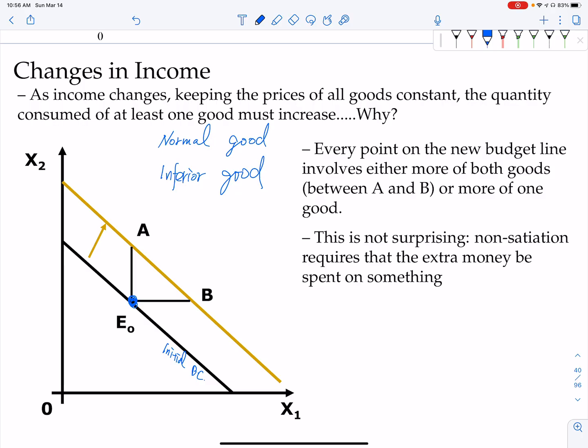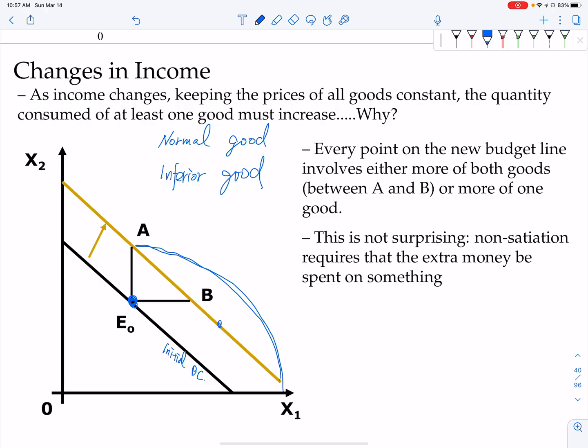All right. And when is X1 a normal good? So if your optimal decision was here, then this brown line is the new budget line, right? And if your optimal decision was somewhere here, that means your consumption of X1 has gone up, right?